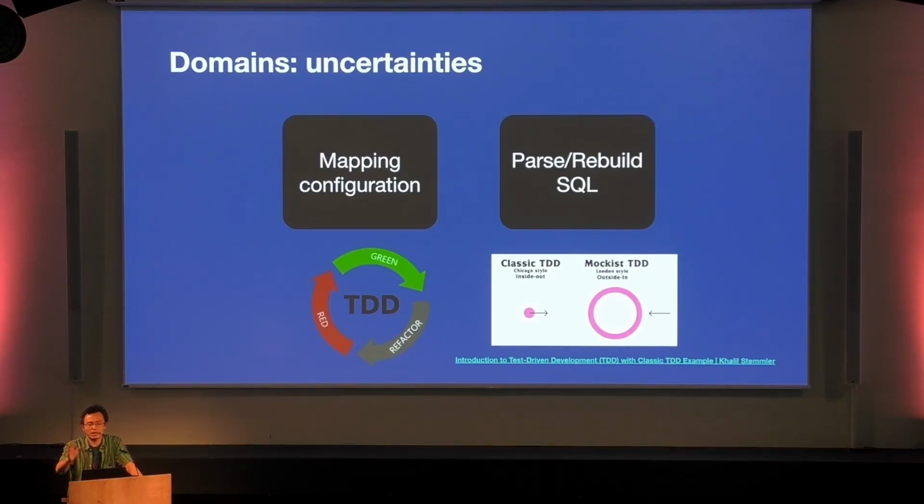I won't go into much detail, but classic TDD uses real objects, like a Rails unit test. Mockist TDD, outside in, as it means, is mocking external dependencies.